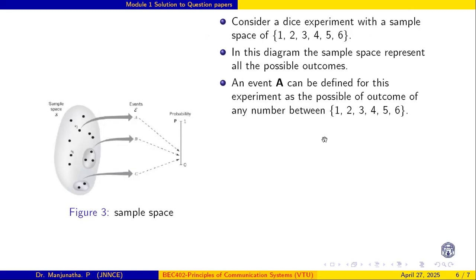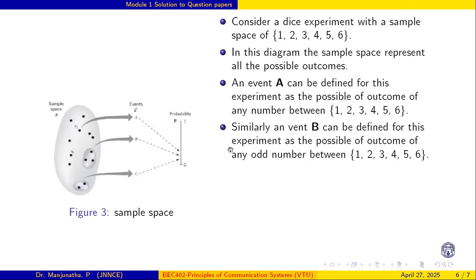It is 1 by 6. Similarly, event B can be defined for the experiment as the possible outcome of any odd number between 1 to 6, that is 1 or 3 or 5. This is all the possibility, so this is defined as event B.